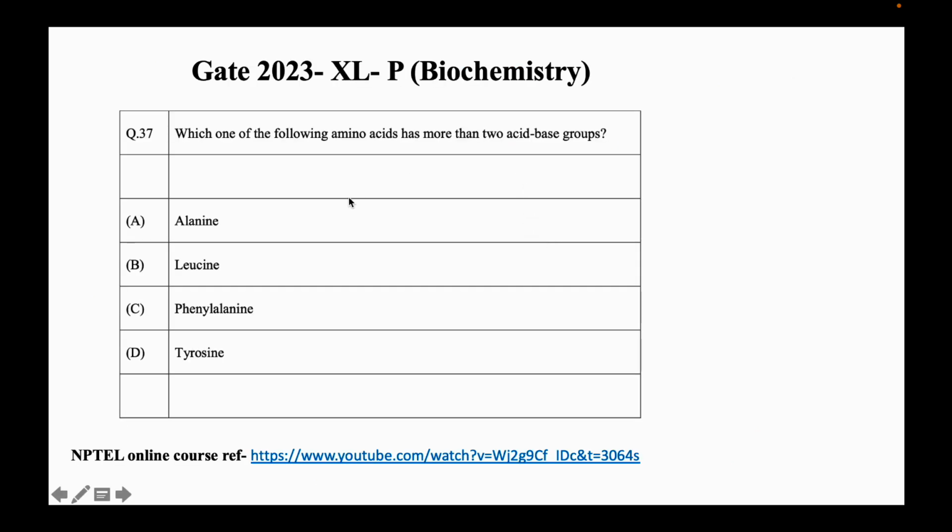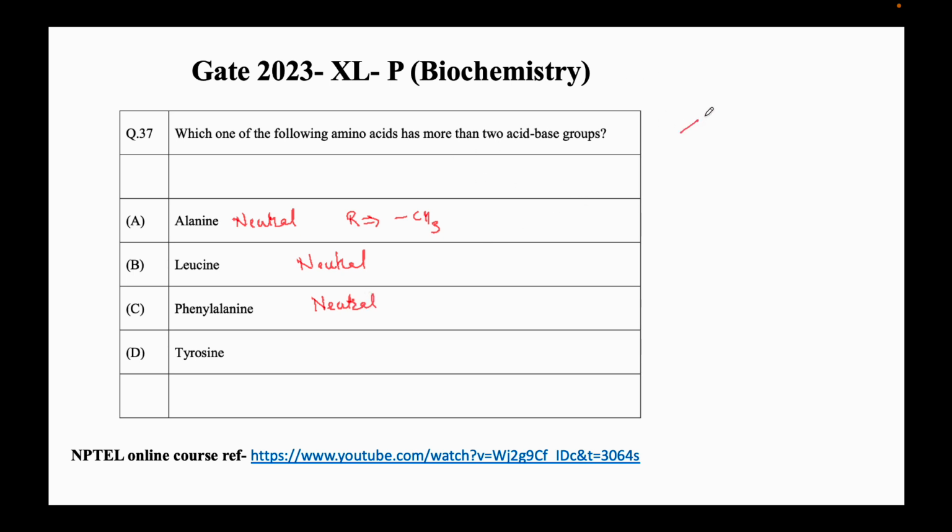Coming back to the question, alanine is one of the neutral amino acids, right? With R group being CH3. Leucine is also neutral. Phenylalanine is also neutral. And by neutral, what do I mean?